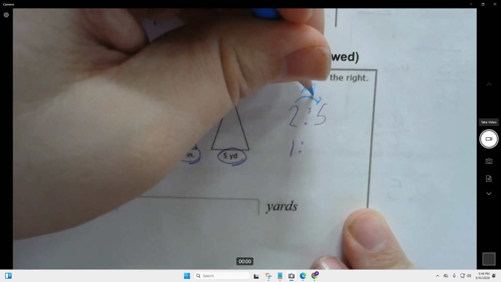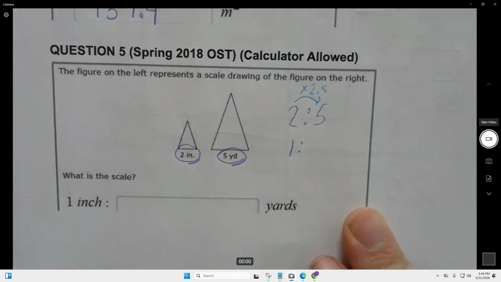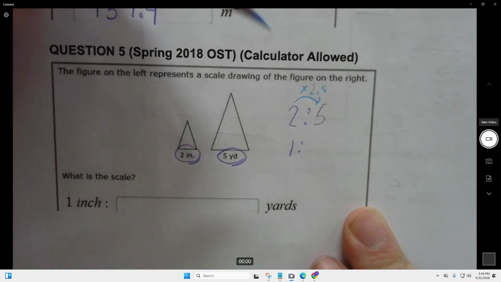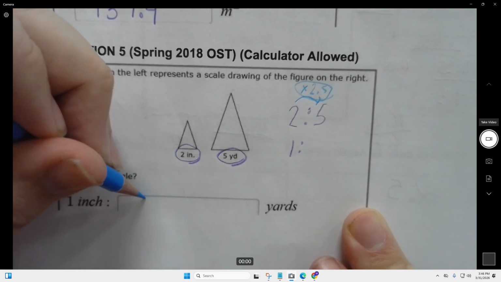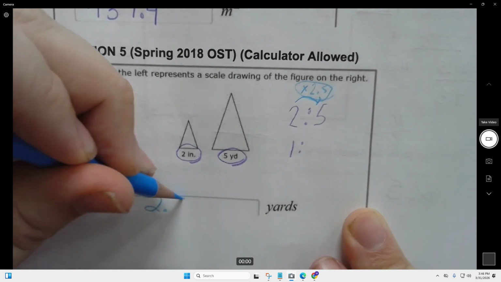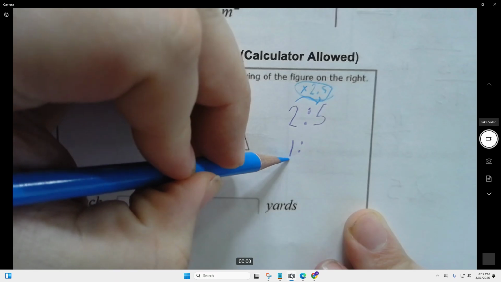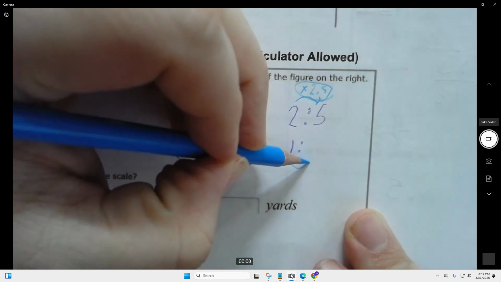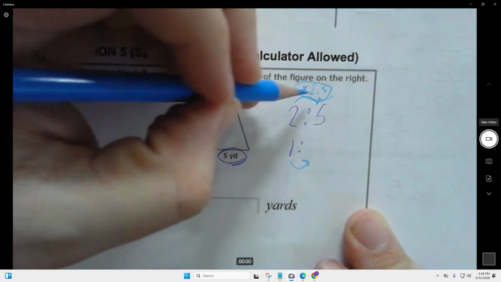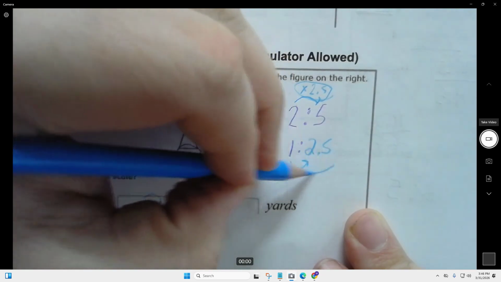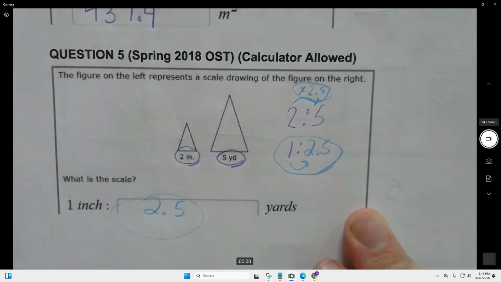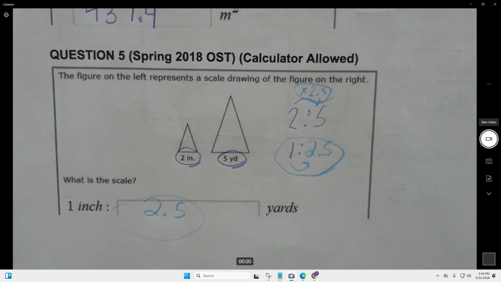And just like that, you're done. That's your scale. So your scale would be 1 inch to 2.5 yards. Because even if you did this the same way, having 1, what's 1 times 2.5? But 2.5, so you're good. That's from 2018 OST.